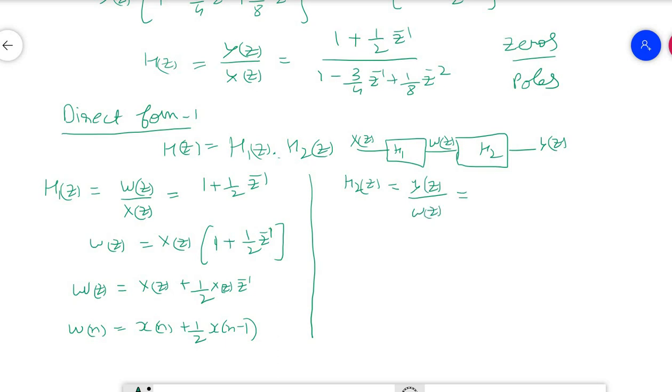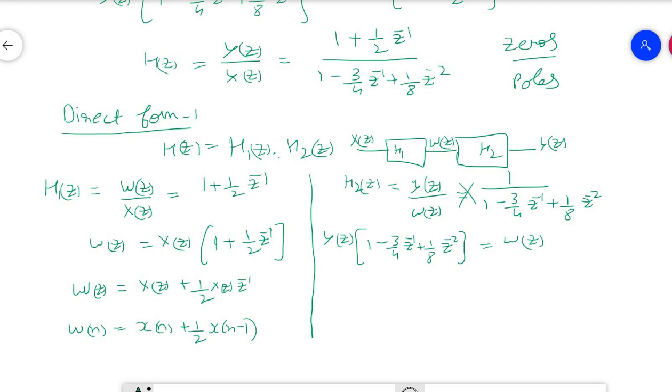Now, this H2 is our poles. So it is 1 minus 3/4 z inverse plus 1/8 z^-2. Correct? So, cross multiply these two. Y(z) into 1 minus 3/4 z inverse plus 1/8 z^-2 equal to W(z).